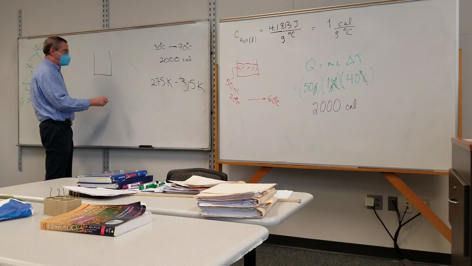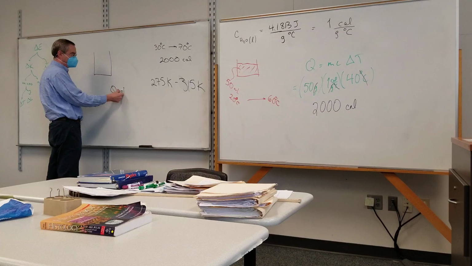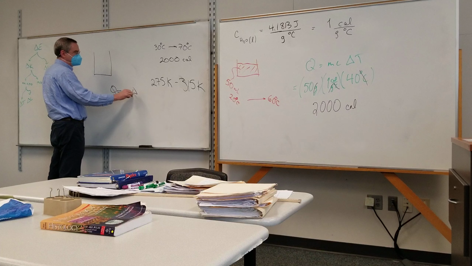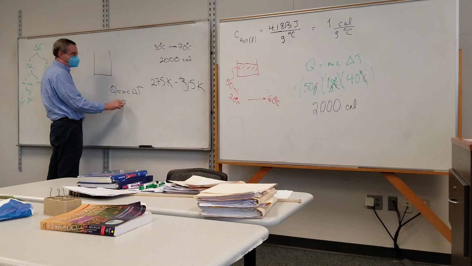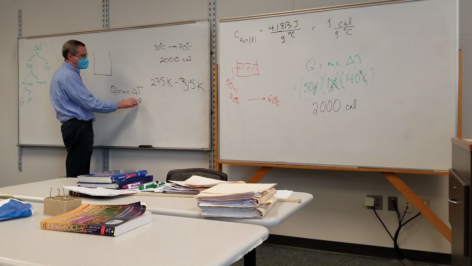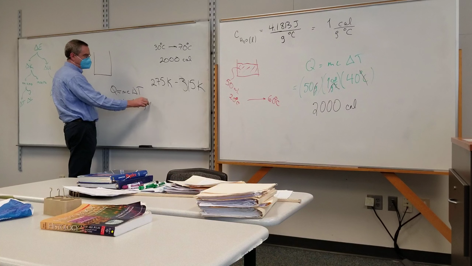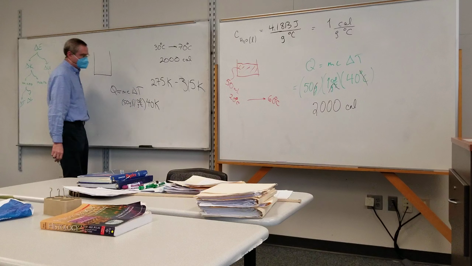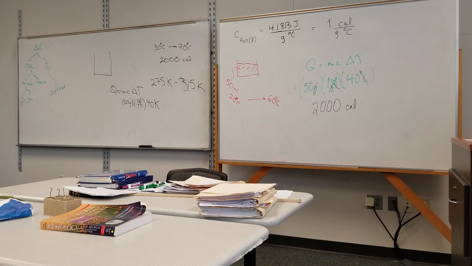Pulling out our equation over there, I know that Q is equal to m c delta T. My mass is 50 grams, c is 1 calorie per gram degree Celsius, and the change in temperature is 40 Kelvin. How much energy now? Is it still the same? It's still 2,000.